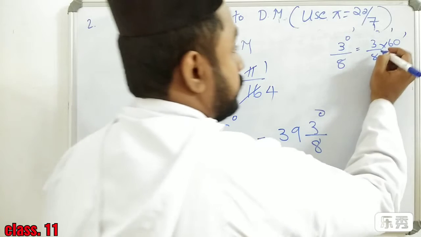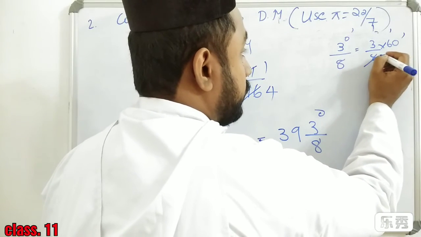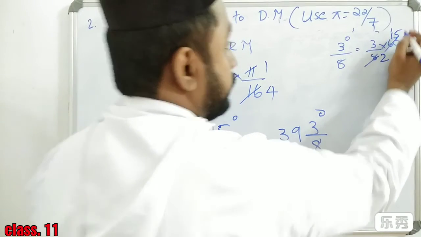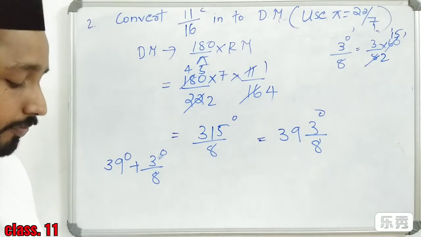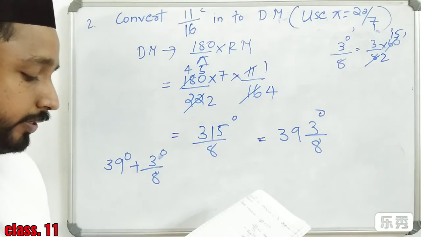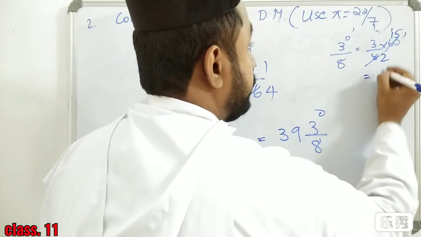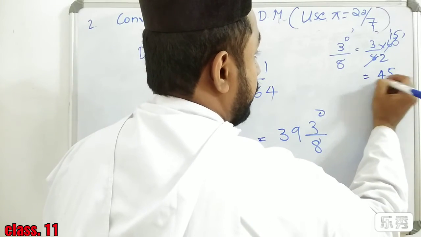We can cut with the 4, 2 here. Therefore, 3 into 15 by 2, which means 45 by 2.